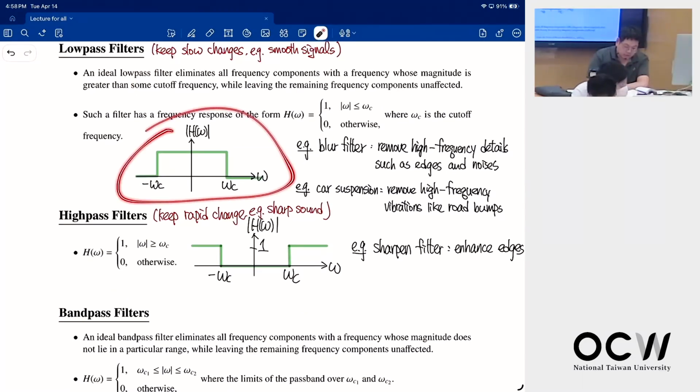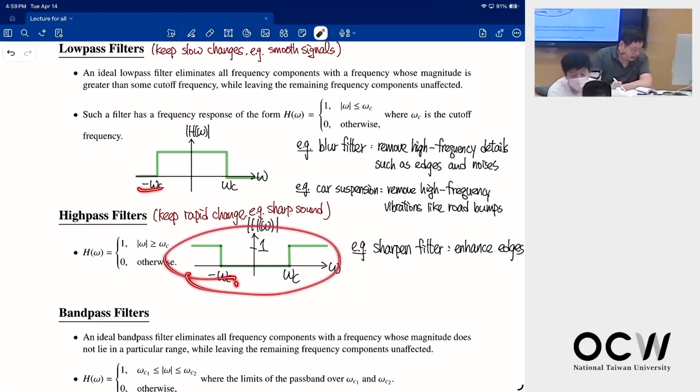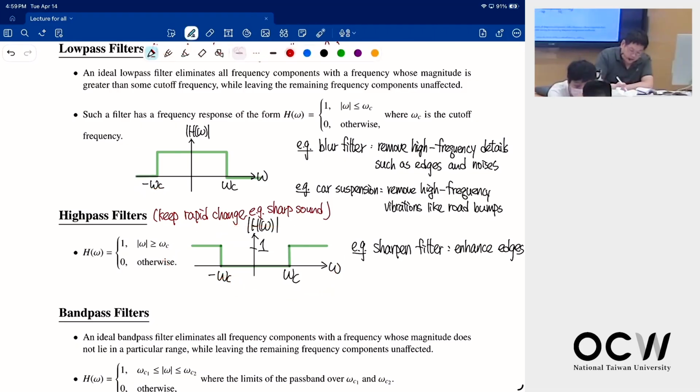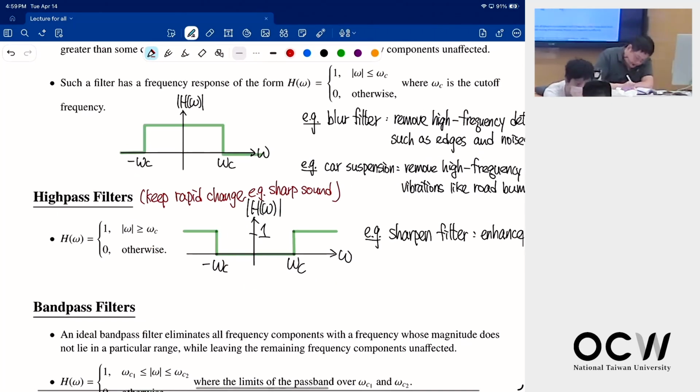For the low pass filter and high pass filter, there's a relationship. Here you can see the high pass filter is just the delta function minus the sinc function.